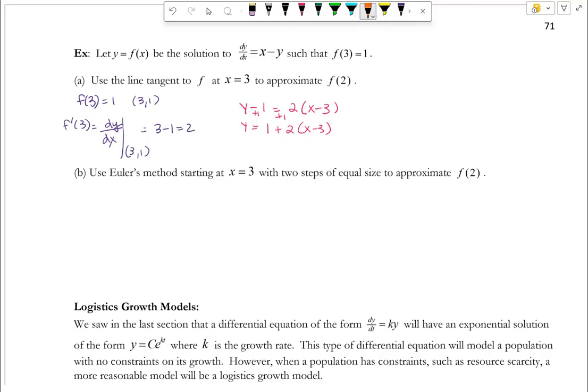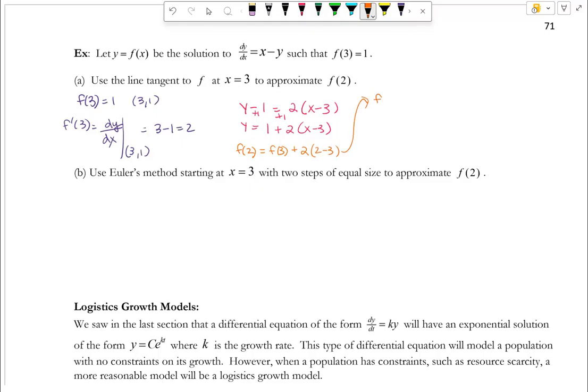So if I'm finding f of 2, my new y value is my old y value, f of 3, plus my slope, which is 2, times, I'm plugging in 2 for x.